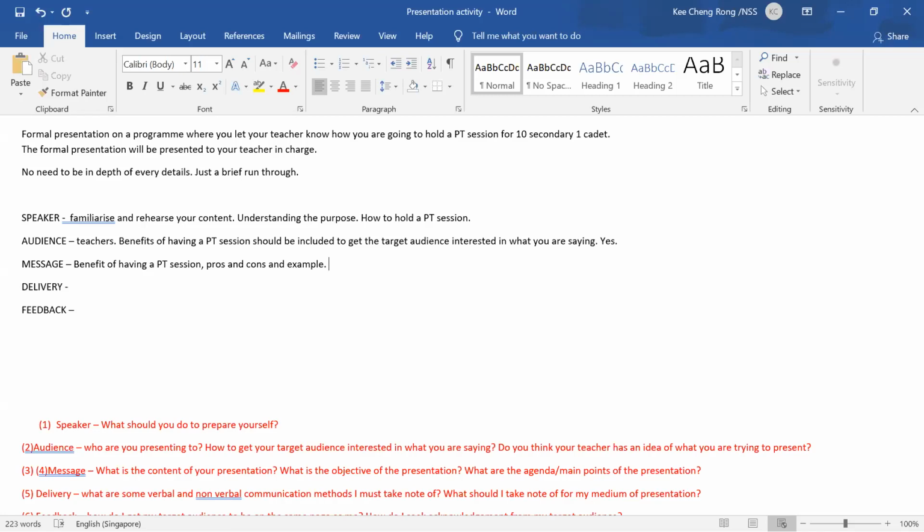What about what goes on during the PT session? Do you think it's important to share that with the teachers? Yes. Okay. It's important. So the agenda and message of the presentation will be not only talking about the benefits, but also talking about what happens during the PT session. So what activities are you doing in the PT session? Is that what you're trying to say? Yeah. Okay.